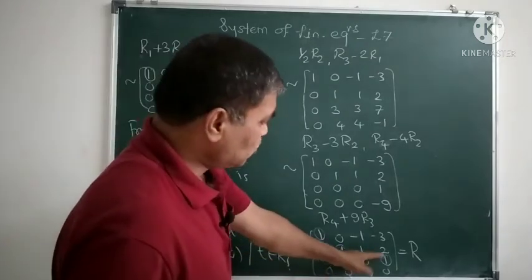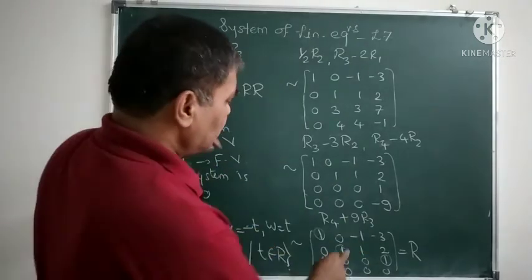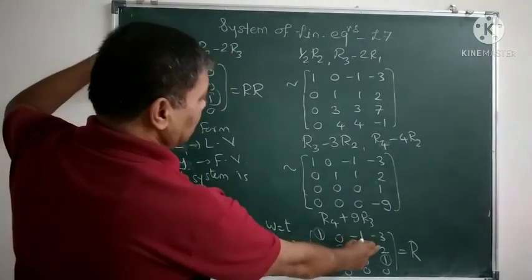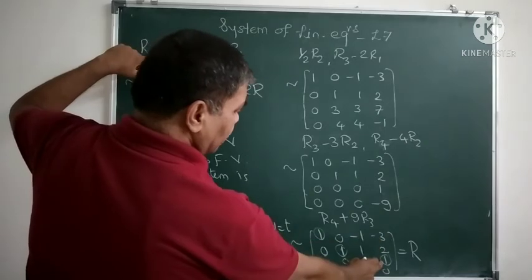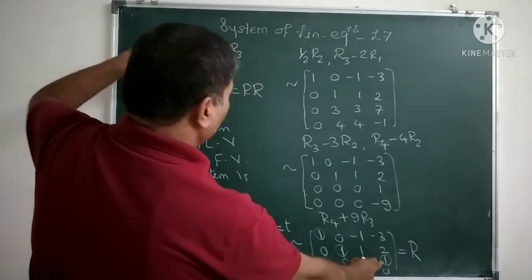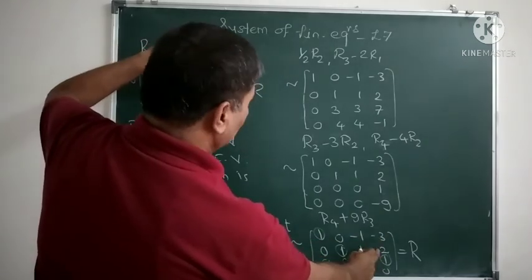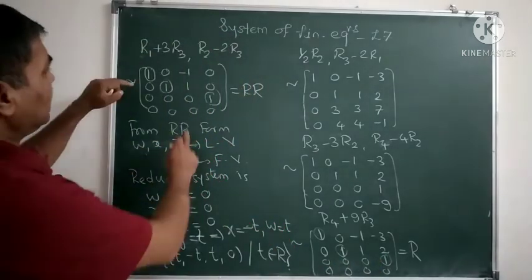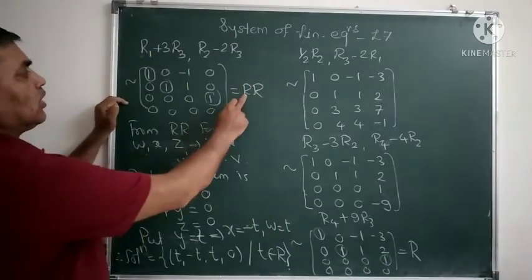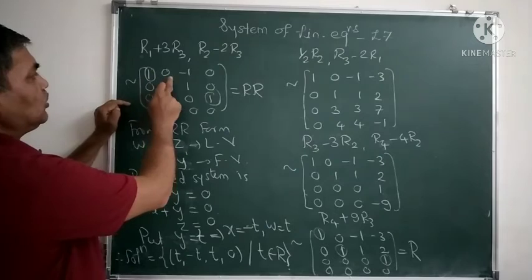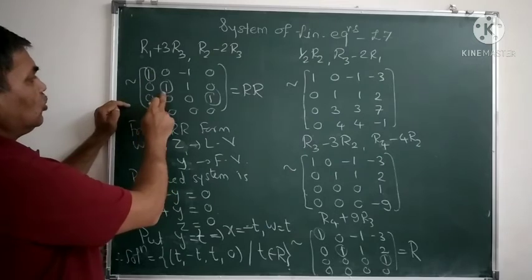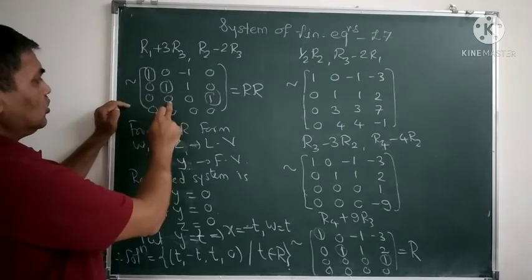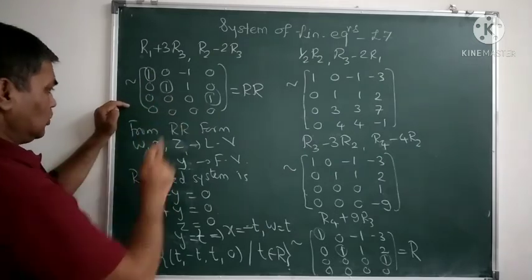So I will apply R1 plus 3 R3 and R2 minus R3 operations to get zeros there, and then we will get your row reduced echelon form: 1, 0, minus 1, 0; 0, 1, 1, 0; 0, 0, 0, 1 and 0.